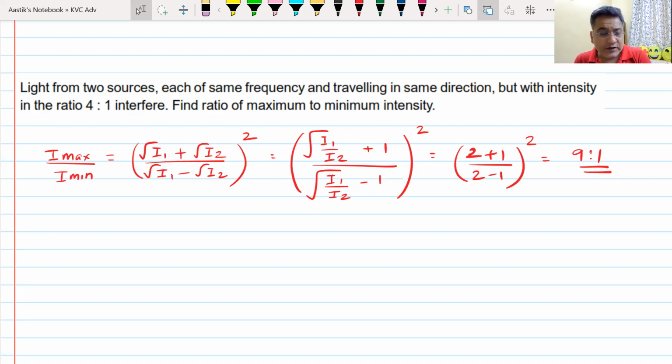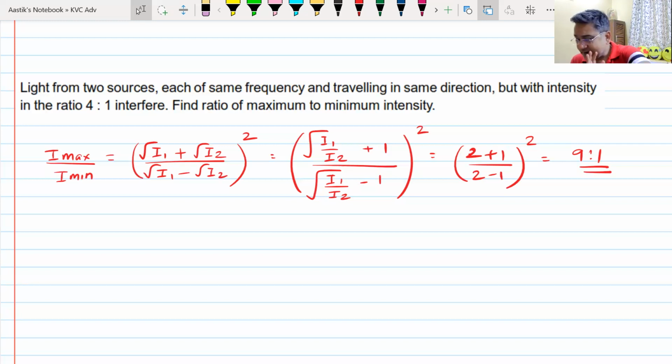So we will see what coherent sources are. Do you know what a coherent source is? Which have same amplitude with same phase. Not same phase. Phase difference must be constant with time. So we will get back on that and see it in detail: what we mean by coherent sources and why coherent sources are needed.